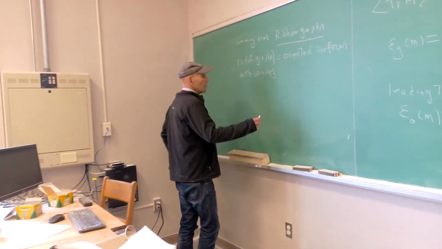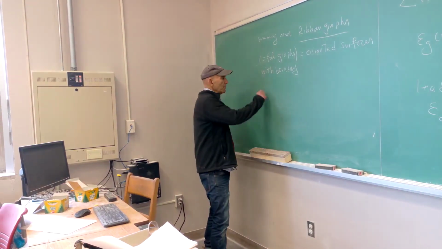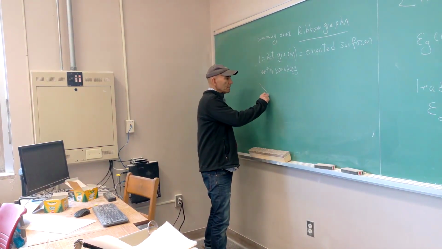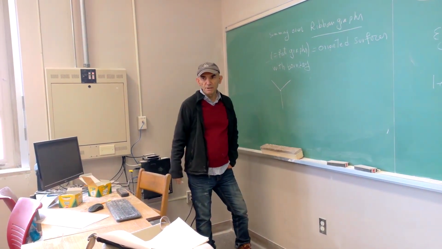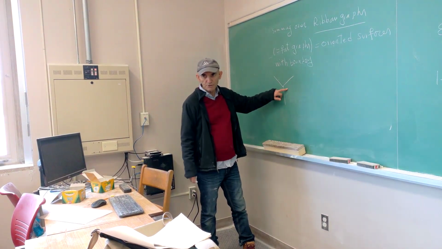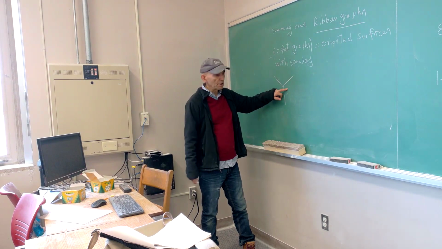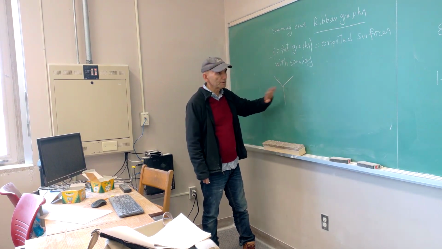So what is a ribbon graph? Basically, imagine you have a vertex, which we met in the expansion of Feynman integrals in the one variable case, so not over matrices, but over functions.